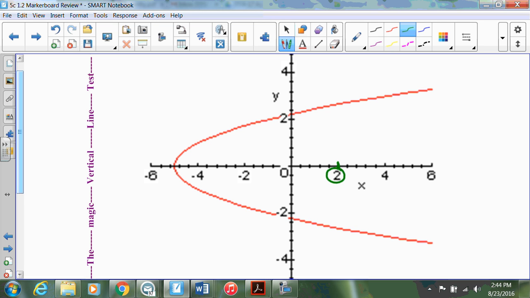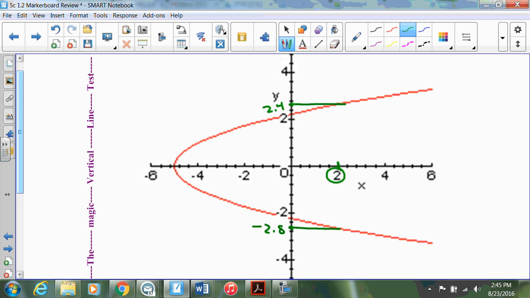The y's that match up with that, there are 2 of them. When x is 2, y looks to be about 2.4, and it also matches up with another y, which looks like it's about negative 2.8.